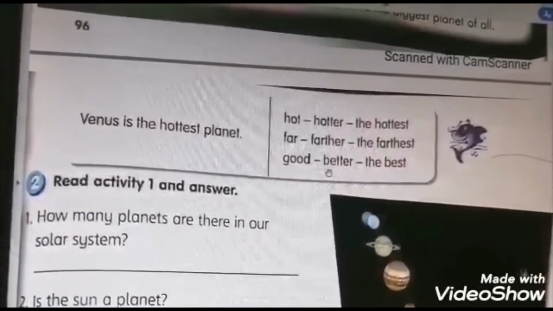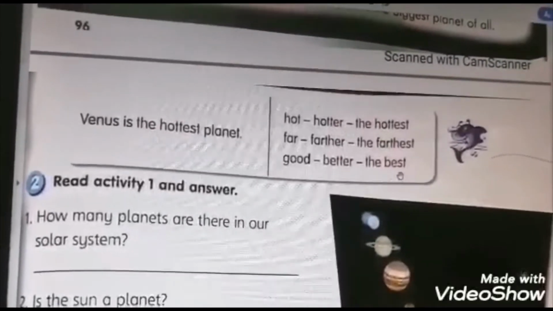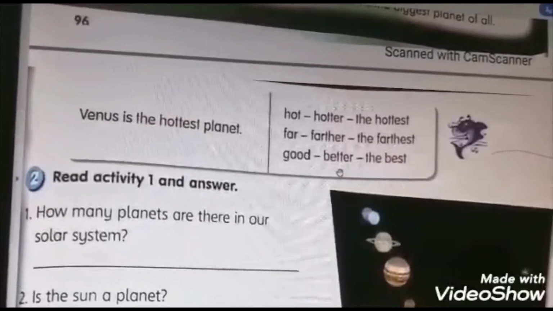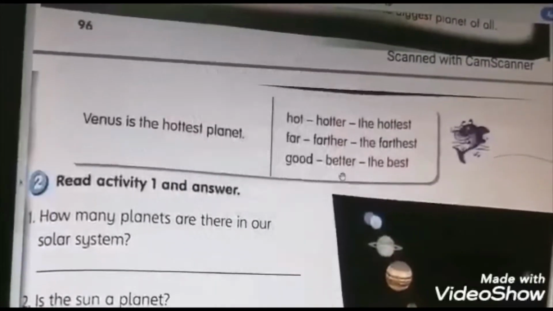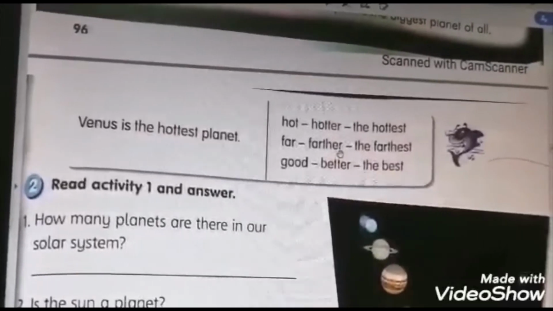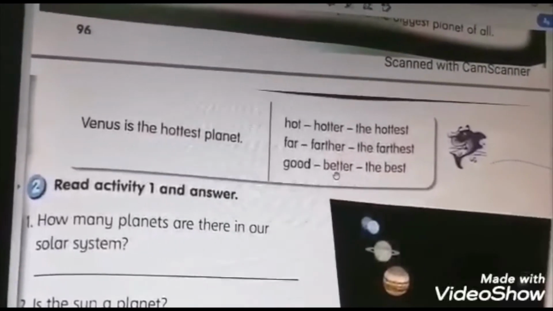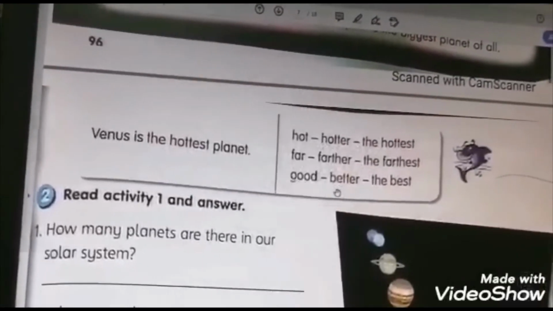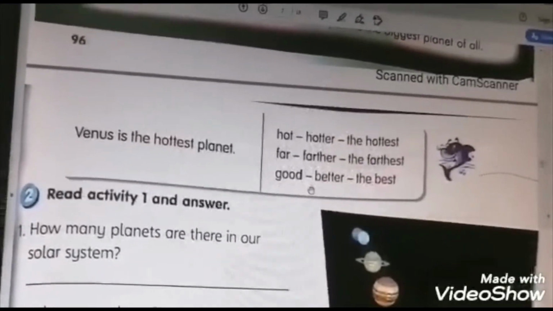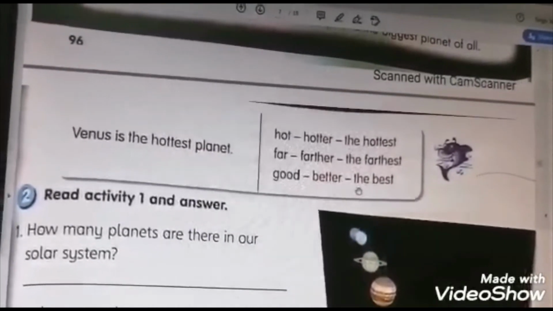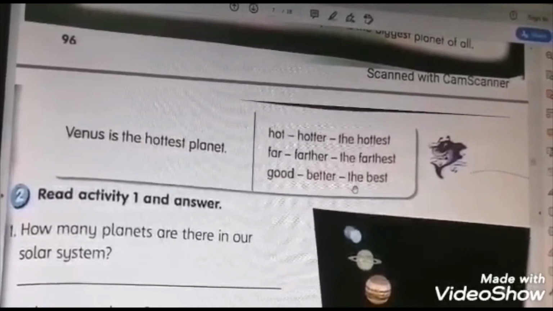Good, better, the best. In the previous lesson we learnt that some adjectives are irregular. We are not going to use any er or est, but instead we have irregular adjectives and we have to memorize. Good. If you want to make the comparative, you will say better, and if you want to make the superlative, you will say the best.